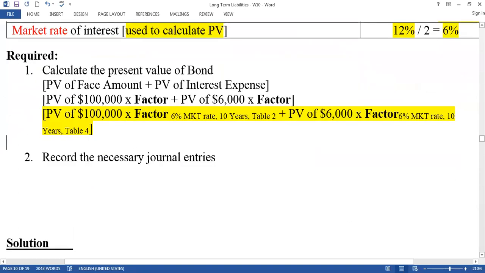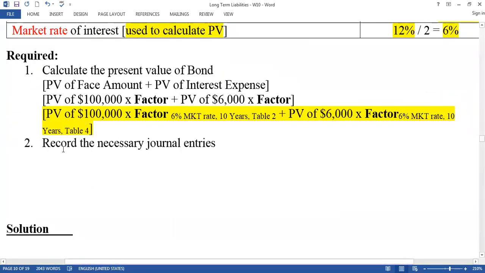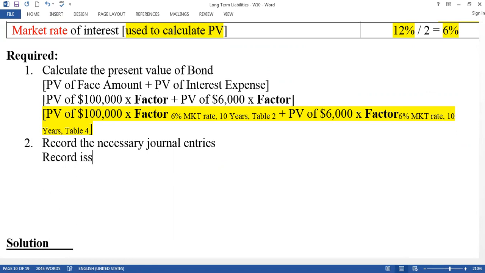Then after that, we have to record journal entries. So here, the question said record necessary journal entries. So what are the necessary journal entries here? First, we have to record the issue of bond.